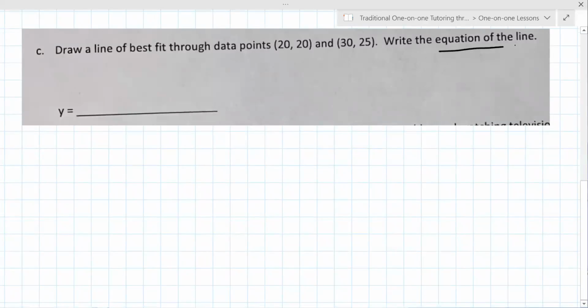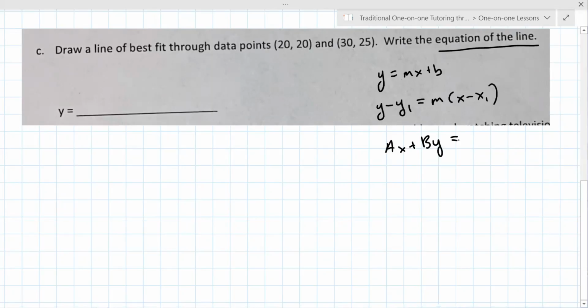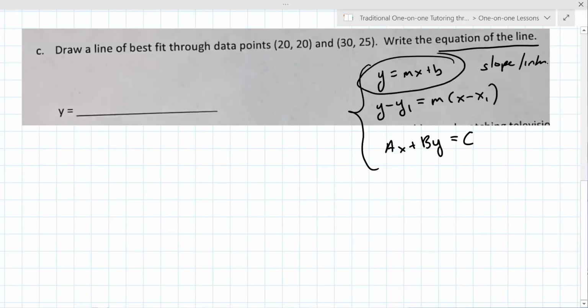Now the equation of the line, this is like review. There's y equals mx plus b, y minus y1 equals the slope times x minus x1, and then there's ax plus by equals c. Your instructor is not specifying which one, which means you get to choose. We're going to choose the first one because that's probably the most common here. Plus, it's already solved for y. This first one is called slope-intercept form, and we need the slope and then the intercept. We get the slope from these two data points.